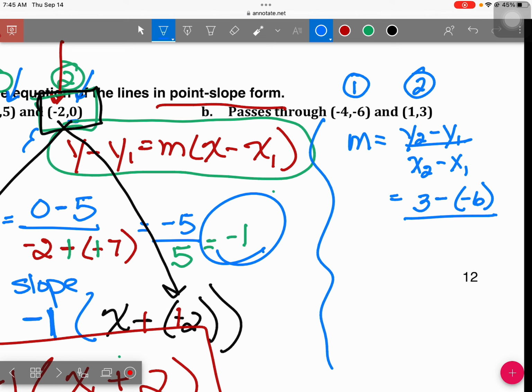And the x coordinate of the second point is 1 minus the x coordinate of the first point is negative 4. All right, so we cannot subtract negatives, so we add the opposite. 3 plus 6 is 9, and 1 plus 4 is 5. So this is my slope, 9/5.